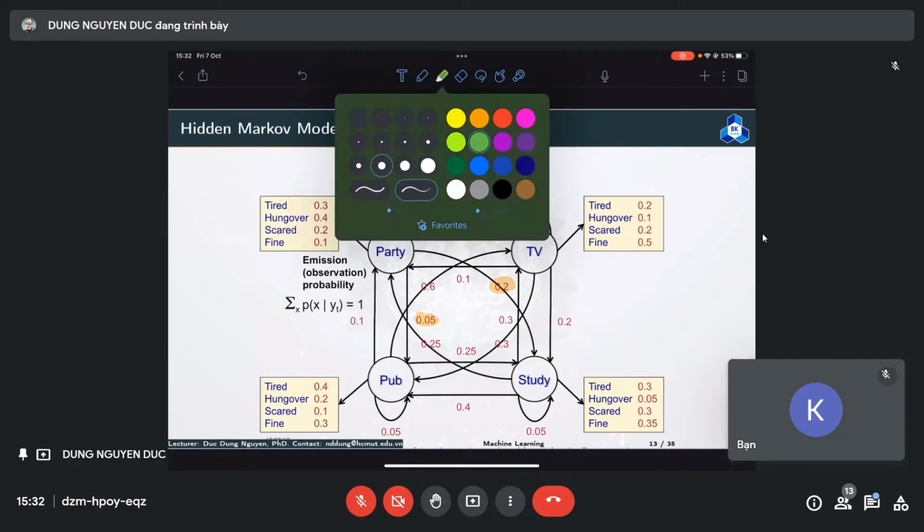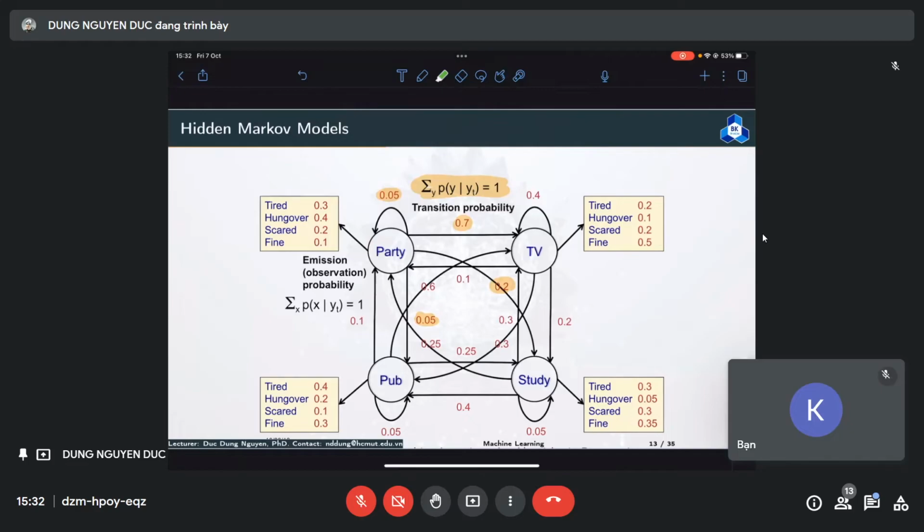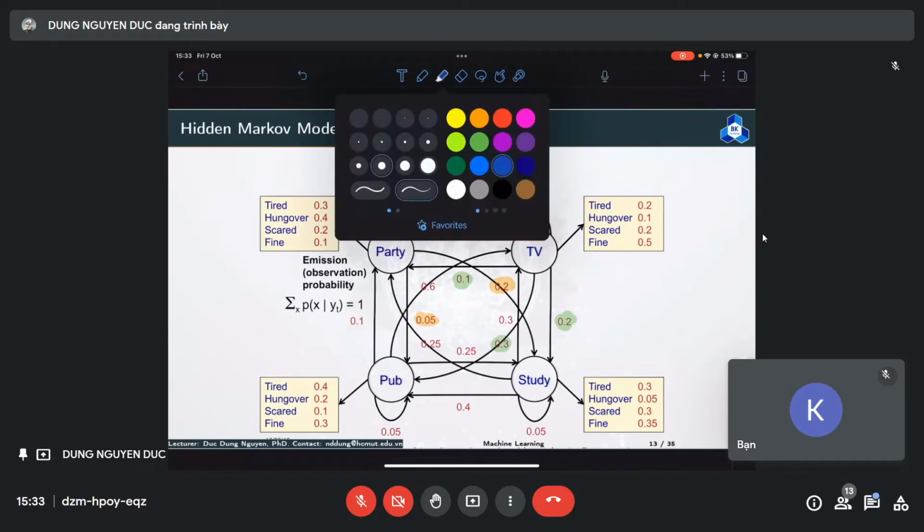If I pick another color, let's say TV: from TV to TV 40%, from TV to pub 30%, from TV to study 20%, and from TV to party just 10%. So you get this sum to be 1.